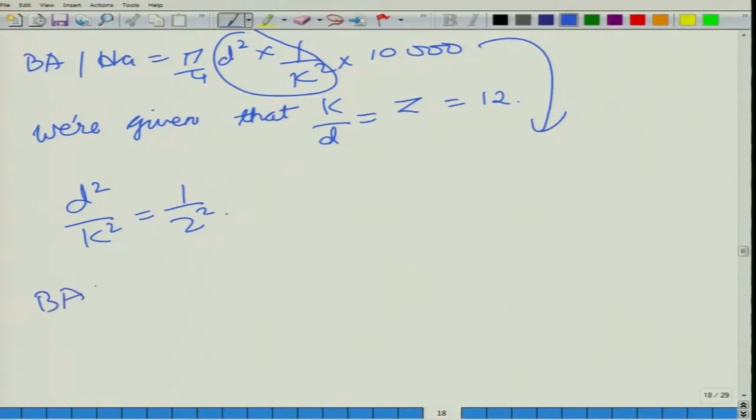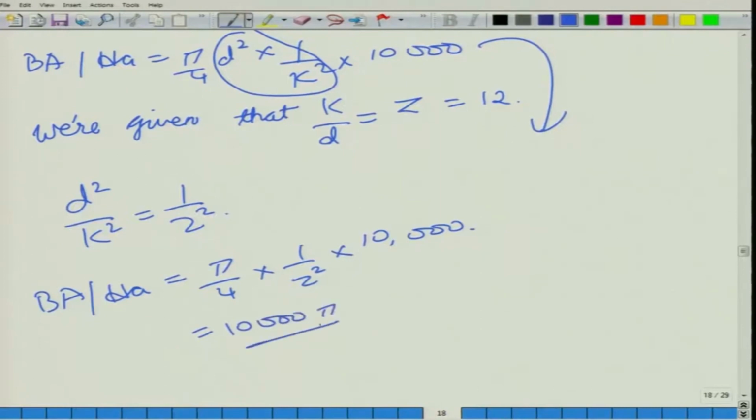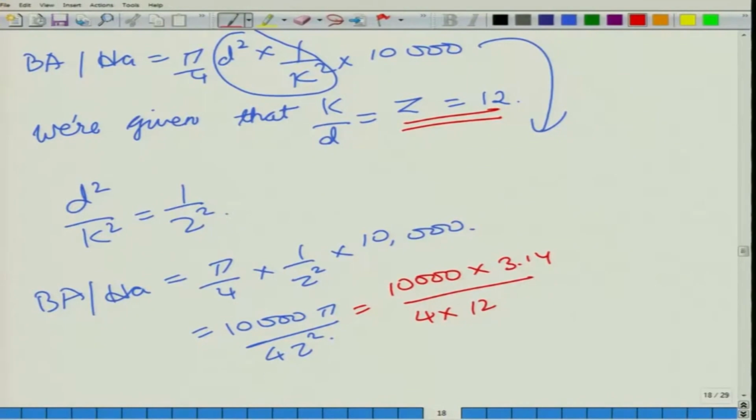So, we have the basal area per hectare is equal to pi by 4 into 1 by z square into 10,000, or we can also write it as 10,000 pi upon 4 z square. Now, here we are given that the value of z is 12. So, this value becomes 10,000 into 3.14 divided by 4 into 12 into 12. So, we get this value to be 54.5 square meters per hectare.